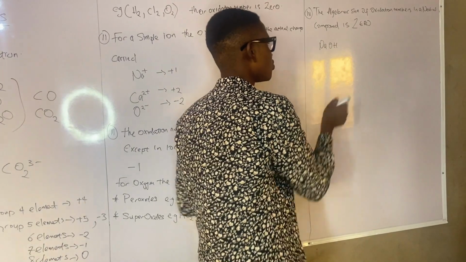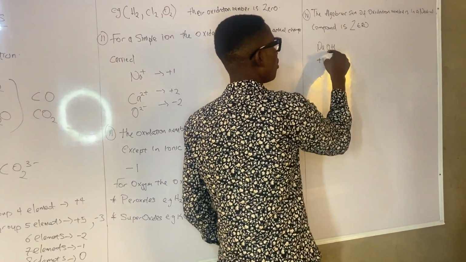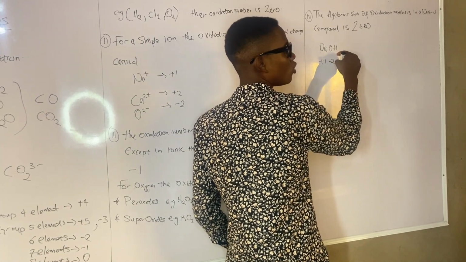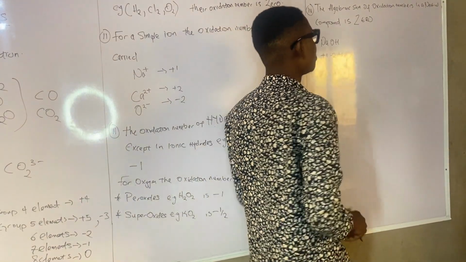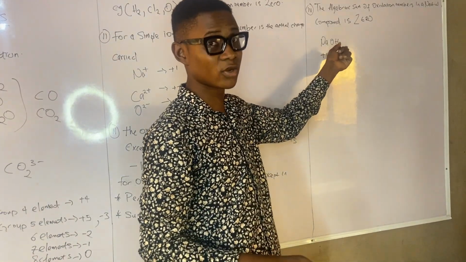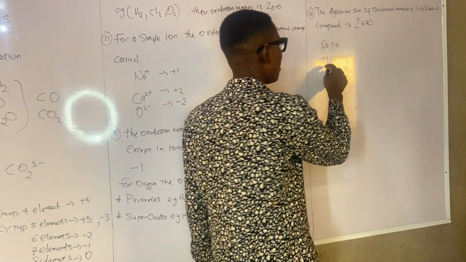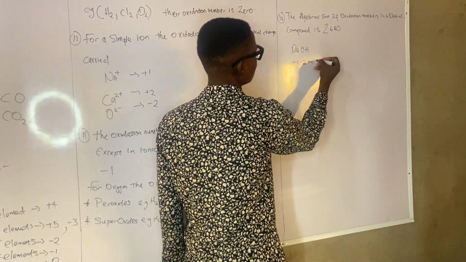So what's the oxidation number of sodium? Plus 1. For oxygen, minus 2. For hydrogen, plus 1, because this is not an ionic hydride, this is a hydroxide. So let's add it together: plus 1, minus 2, plus 1 gives you what?